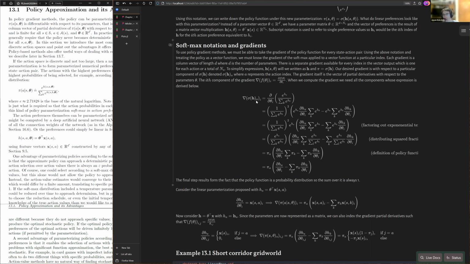And then in order to calculate this, what I'm writing down is an expression for each of the components of the gradient. This gradient is going to have one component per parameter, so each component is just the partial derivative of the softmax function with respect to theta at a particular index.